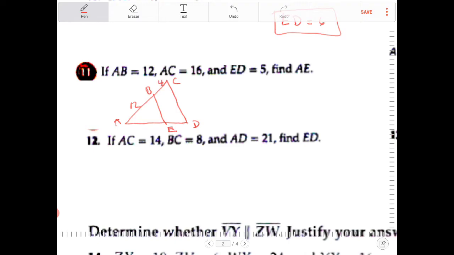ED is equal to 5. Find AE. Fair enough. So I'm going to call AE x. So x over 12 will equal 5 over 4. Multiply both sides by 12, I end up with x is equal to 15. So AE is equal to 15.